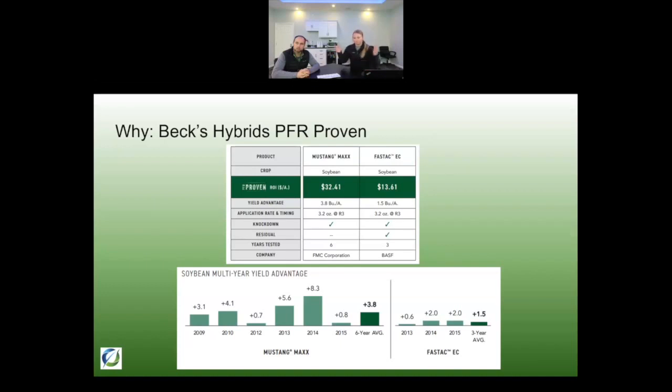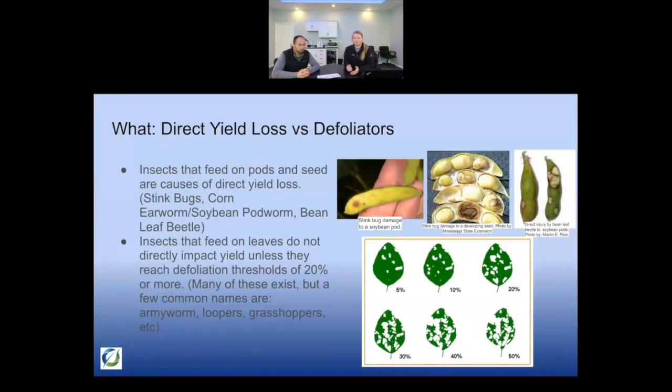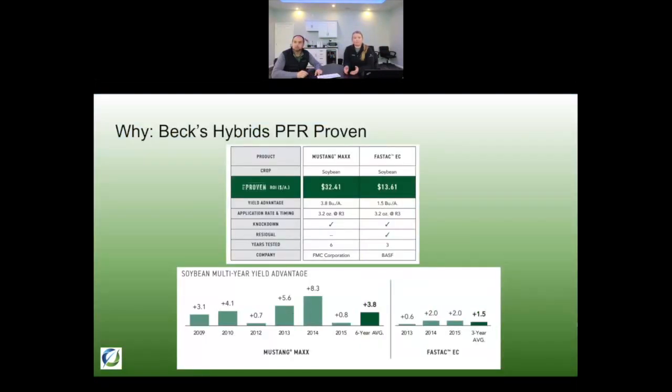There's oodles and gobs of other insecticides with very similar active ingredients that will do a good job, other than Mustang Max and Fast Act. Again, this is just multi-year data looking at these applied at an R3 stage. Typically, in an R3 stage, we can look at a fungicide application also. An insecticide and a fungicide at R3 could potentially be really beneficial for our soybean crop.